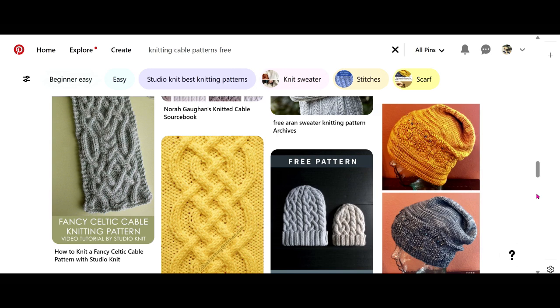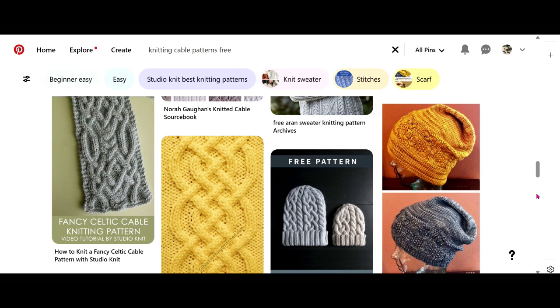And one more thing I have to mention, this trick is good for cable design and color work design, okay? But not the lace design. You can do it, but it's going to be a little bit complicated because, okay, lace pattern usually has lots of yarn overs and lots of decreasing, right?